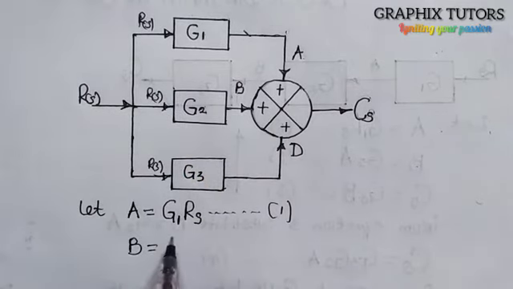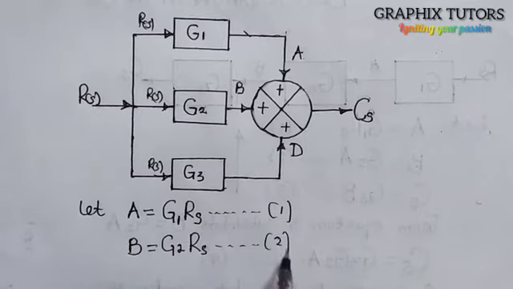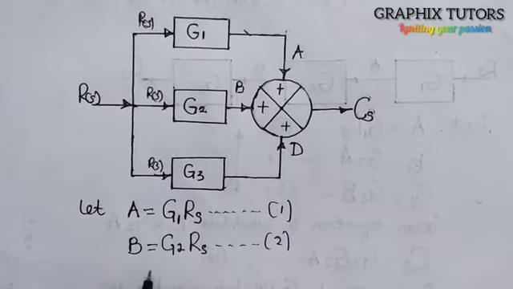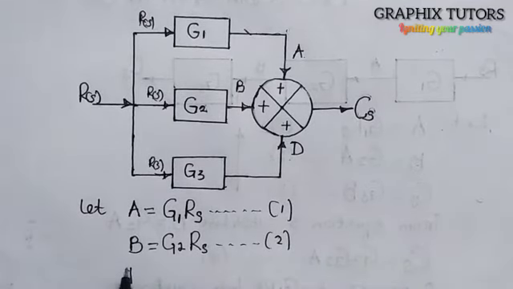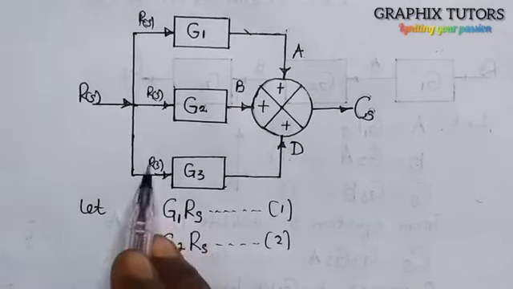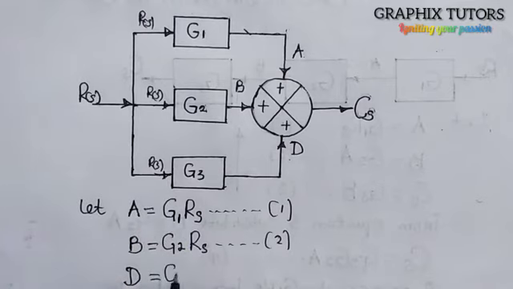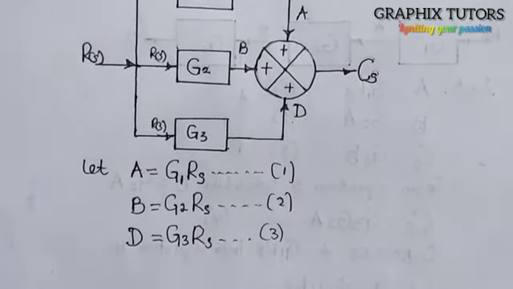That means the transfer function 2 multiplied by the input signal. That is my equation 2. Now, D should be equal to G3 Rx. So here the transfer function 3 multiplied by the Rx. We call it equation 3.